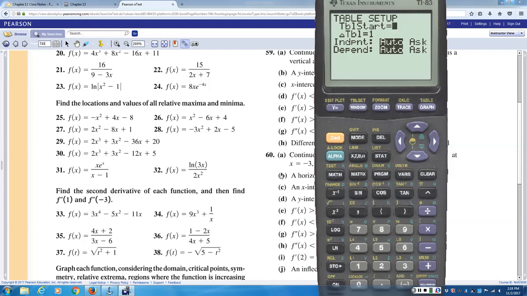But we're going to go ahead and let it start at 0, and we're just going to go look, and it's going to increment by 1 to start with. So we're going to go to the table, and notice it's only showing you the value of the derivative, not the function. Okay? Now immediately you see that the value of the derivative at x equals 0 is -1.